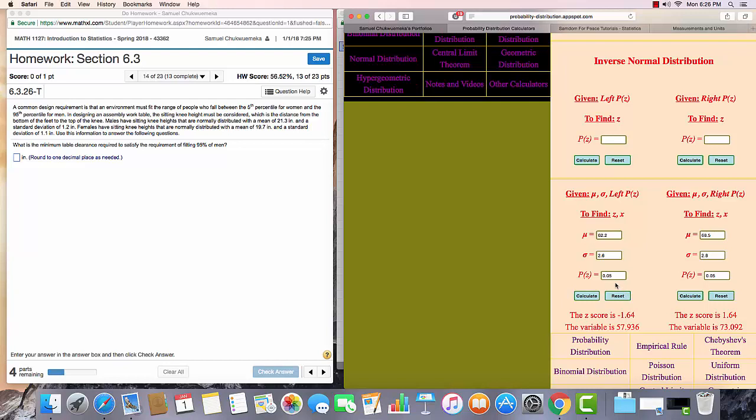So 0.95 will be the probability, and the mean for the men is 21.3. The standard deviation for the men is 1.2. You press calculate. So the minimum value to 1 decimal place is 23.3.